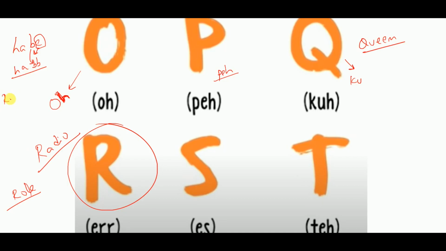For example, roll. Here it will give an impression of double L. Roll. We have to use our tongue strongly. That's the difference between English and German.